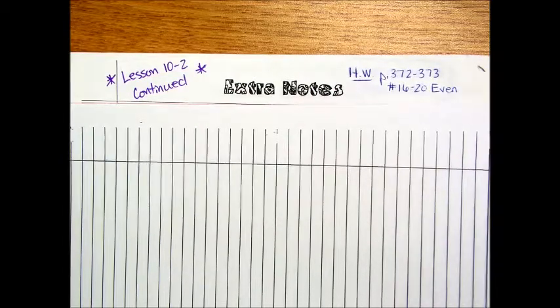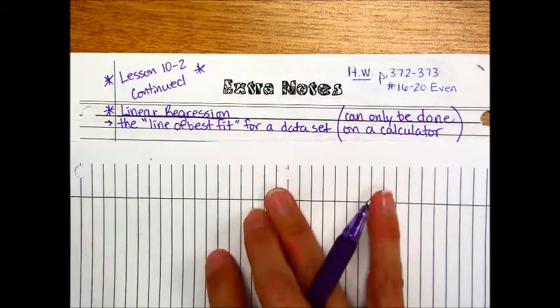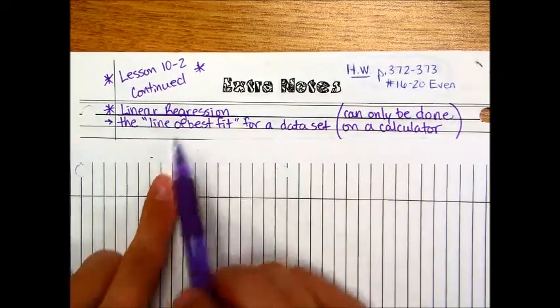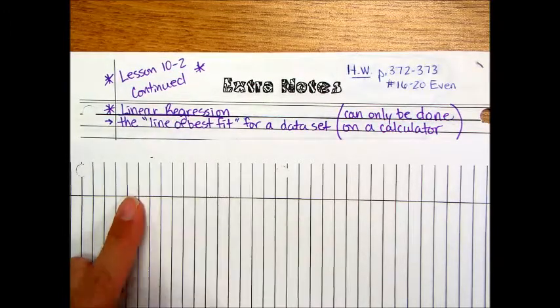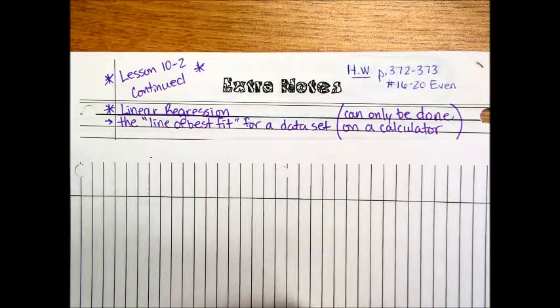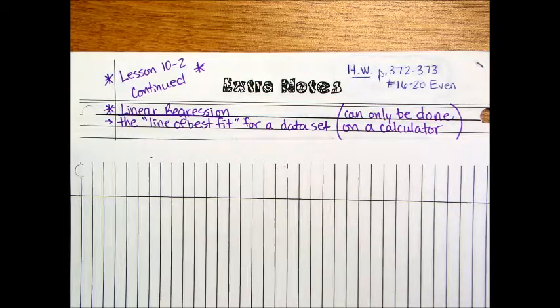So here is the last thing we need to know for this unit. We need to know about kind of a technology enhanced version of what we call a linear regression. So go ahead and get down linear regression. And what you want to write is that's what we technically call a line of best fit for a data set.